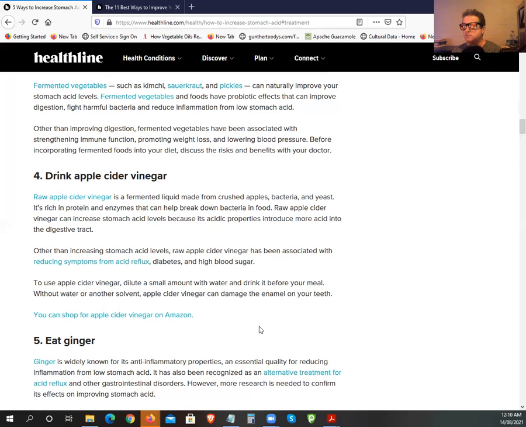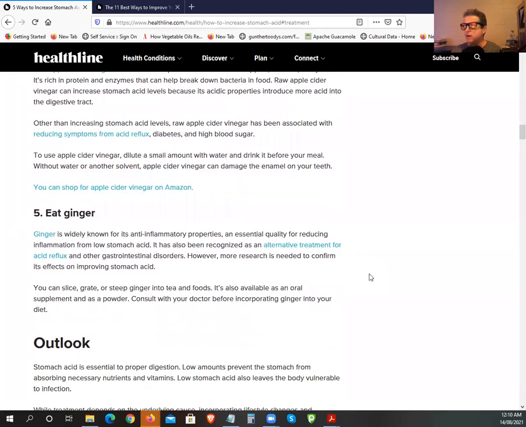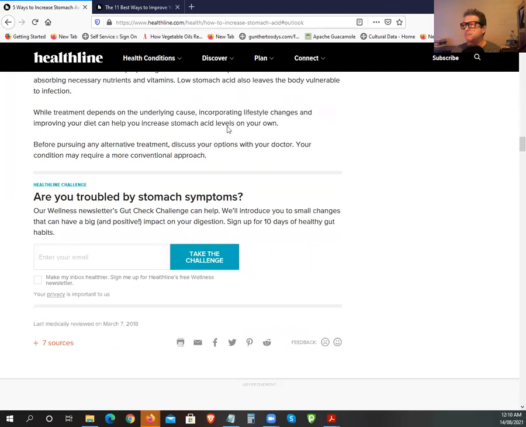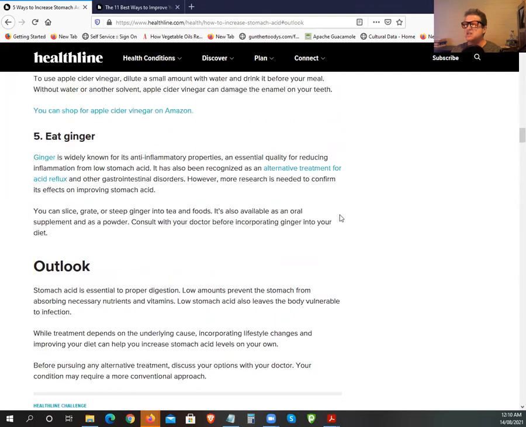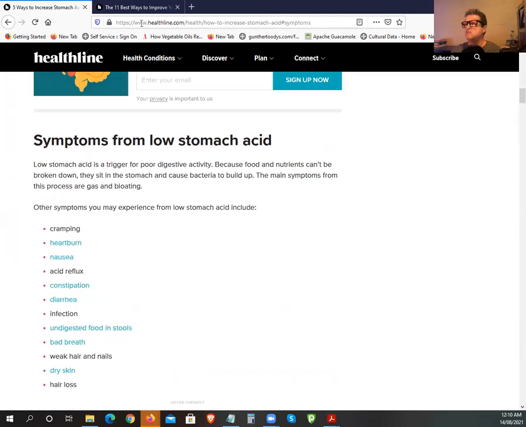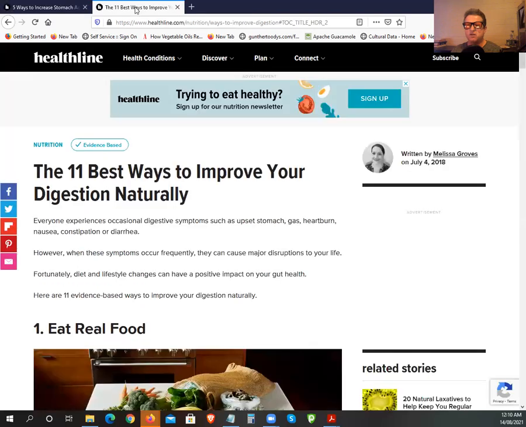Eat ginger. I'm not even going to waste my time arguing against that one. What a waste. Anyway, it's as if all these things will fix it. I mean, all these remedies that these sites put up, people try them all the time. Doesn't fix the problem, I can tell you.